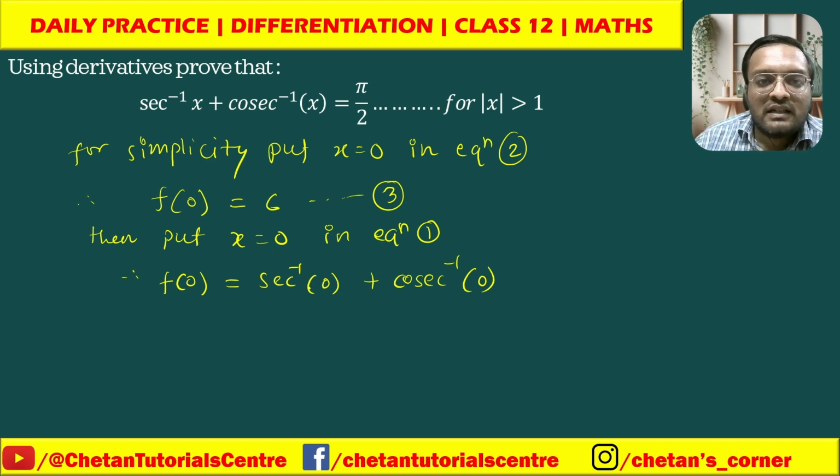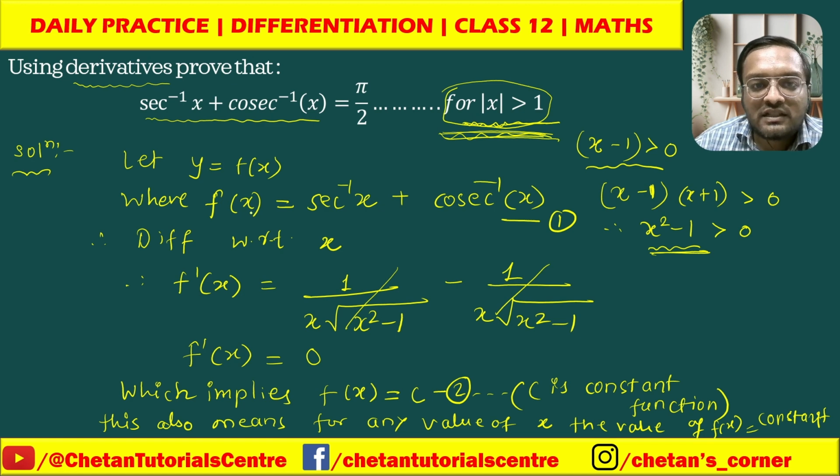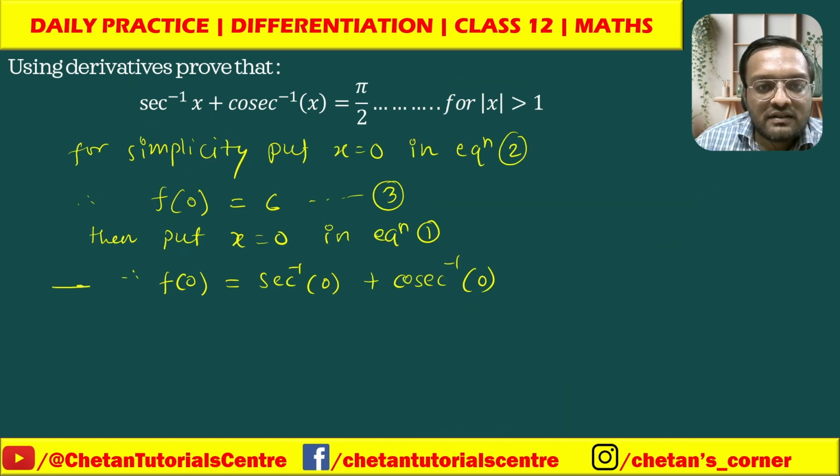What I have done, I have replaced x with its value x is equal to 0 in this equation number 1, and I have obtained this step. Now I will simplify this further, and what I will get, sec inverse of 0 will give me pi by 2, and this cosec inverse of 0 will give me 0. Therefore the value of f of 0 is equal to pi by 2.